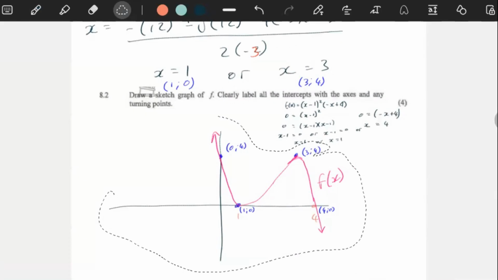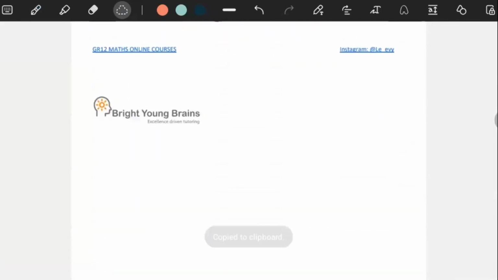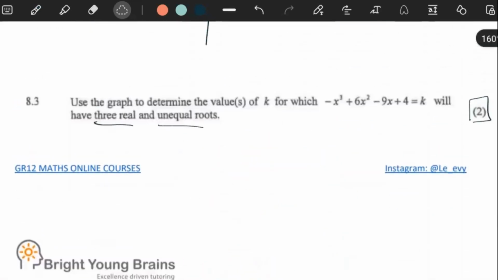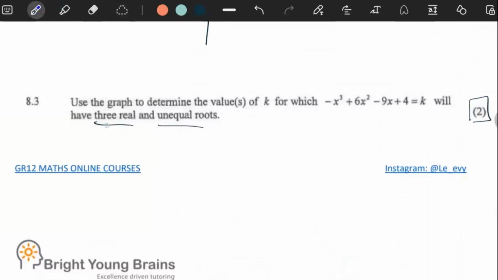You see, this picture here is what's going to help you understand this question that we asked. First and foremost, anytime they speak of a root, you see here they're talking about roots being equal, roots being real, determine the values of k, right? For which this equation will have 3 real and unequal roots. Roots are x-intercepts.